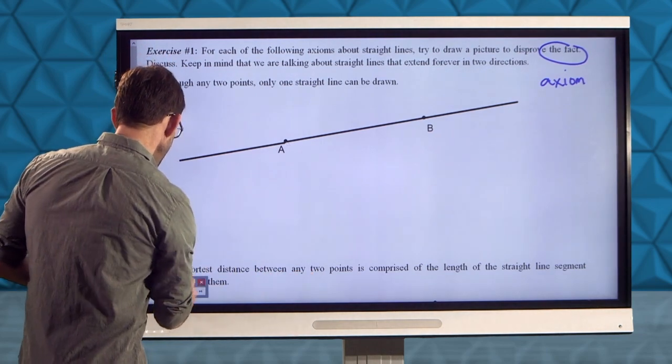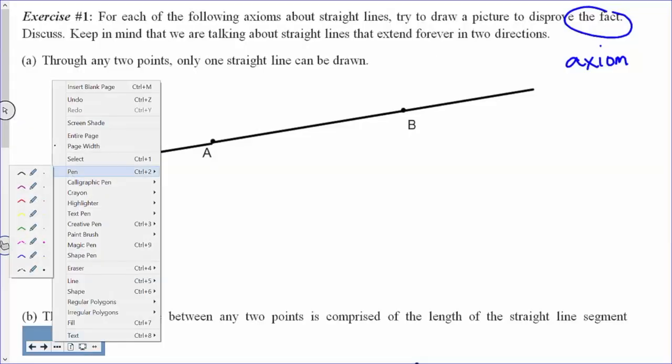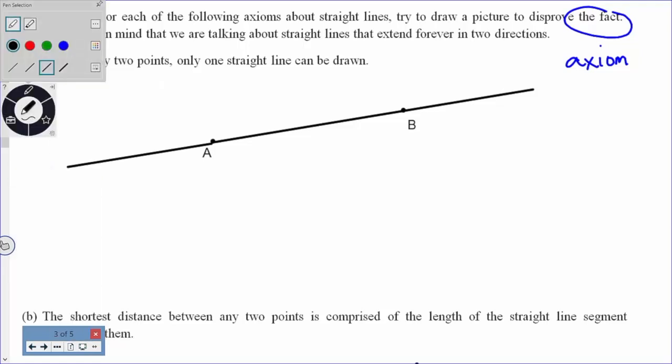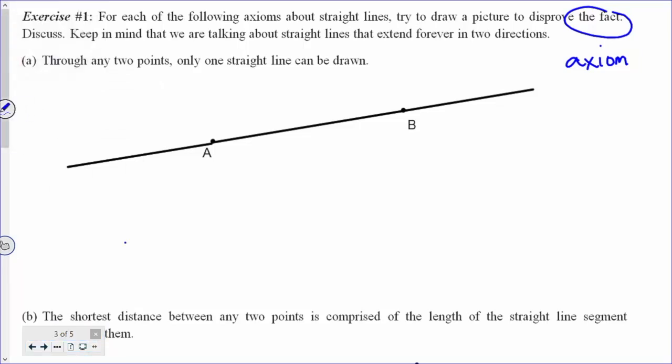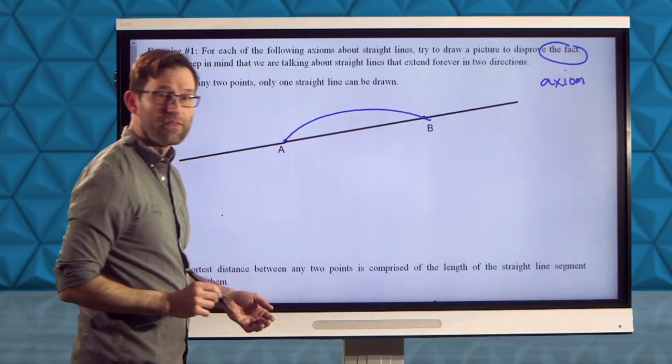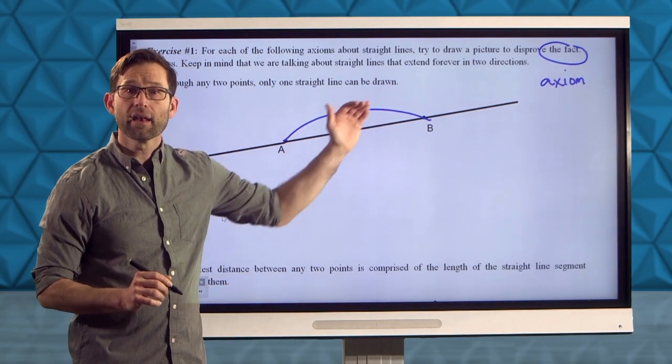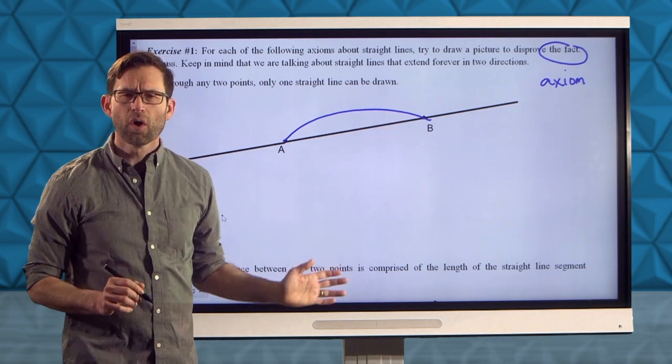And again, the fact is, if I go back and try to do anything else, any other kind of line that isn't this one, put that away. If I try to connect A to B in any other way that doesn't lie right on top of that, I end up having to curve, to go around.